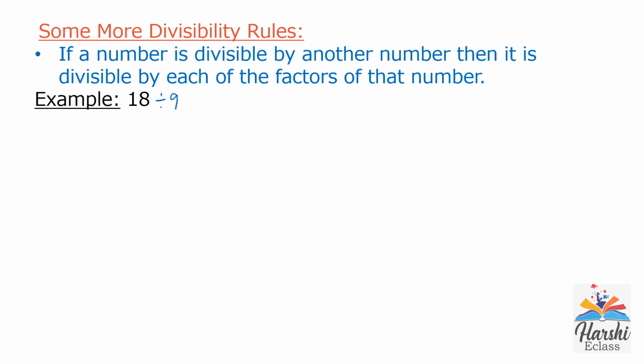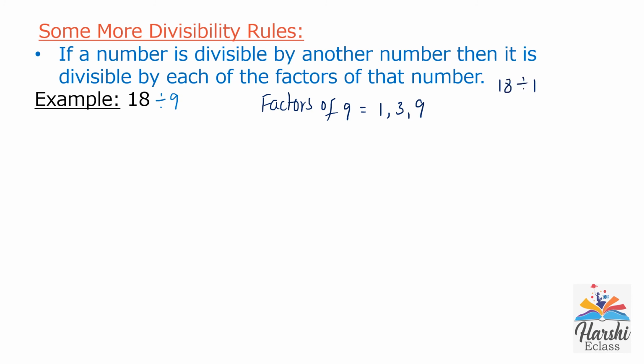So now 18 is also divisible by the factors of 9. What are the factors of 9? 1 9s are 9, 3 3s are 9, 9 1s are 9. 18 is also completely divisible by the factors of 9 without leaving any remainder.